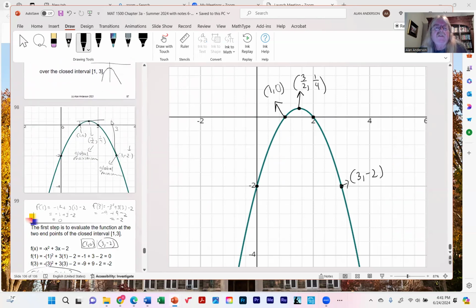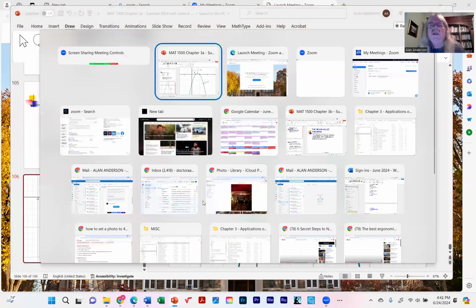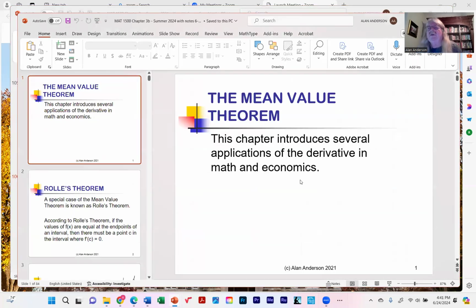Now, we're going to move on to 3b. And let's see, I have that open here. Here we go. Now we're going to have another theorem, the mean value theorem. But when this is done, by the way, the theory is, we're going to work our way through the theory, then we're going to get to some more applications, which I personally find more interesting, but we do need to understand the theory going on behind the scenes.